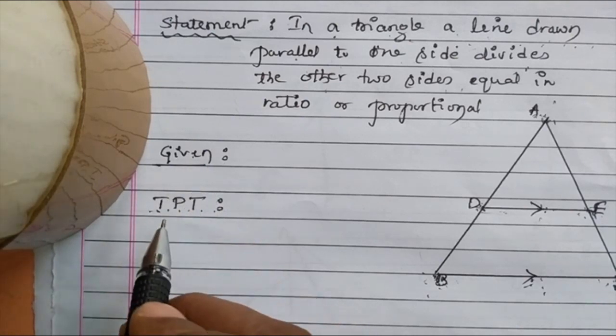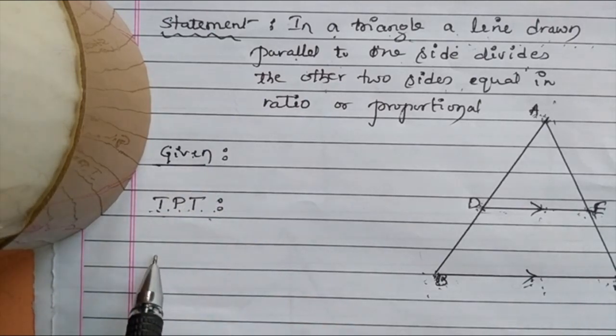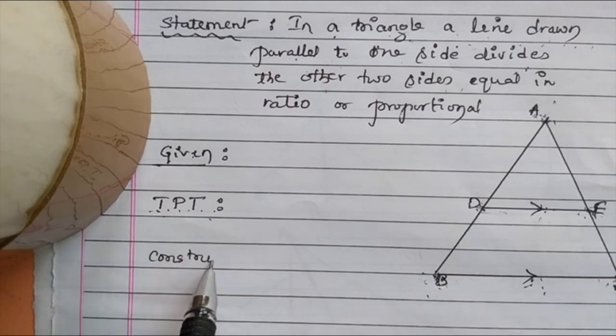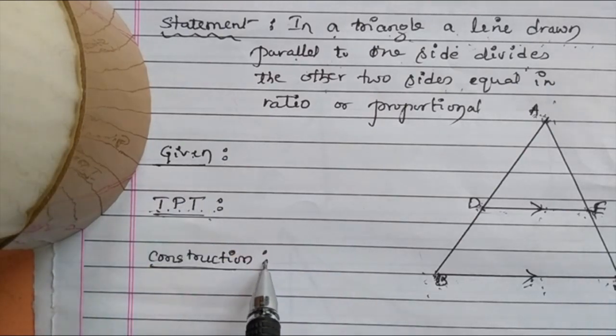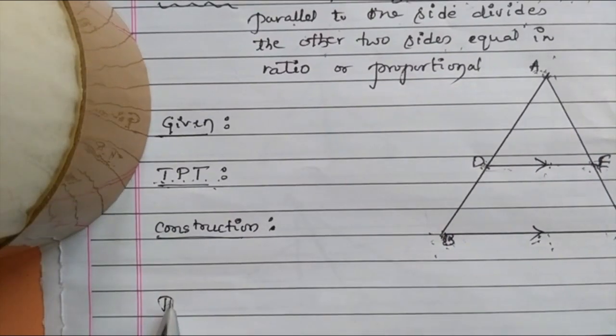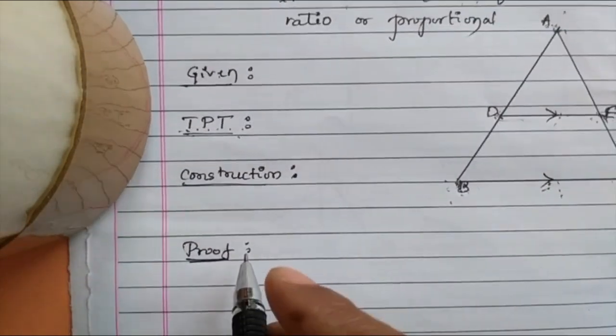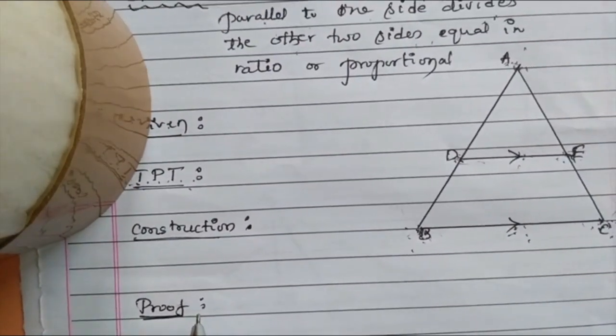What is given, what to prove. The third one is construction. The construction is required to prove any theorem. Here also we are using some construction. The next one is proof. So these are all the important steps of any theorem. So we'll follow the steps.